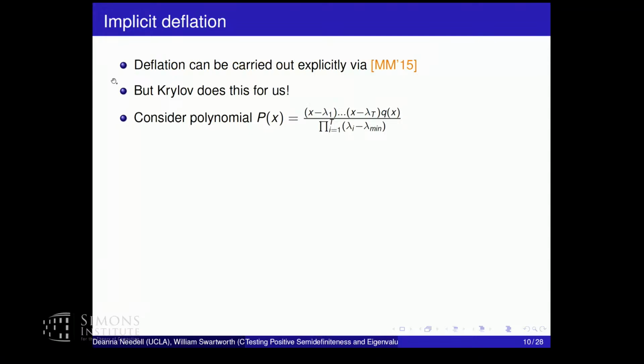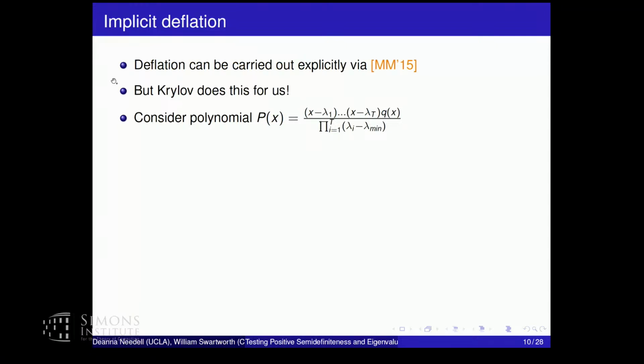We also normalize by a scalar here so that p of the negative eigenvalues still remains 1. And you can show that p evaluated at the smaller eigenvalues, at the positive eigenvalues, is still very small. Okay, so you have a low-degree polynomial in the Krylov space without having to explicitly do the deflation.